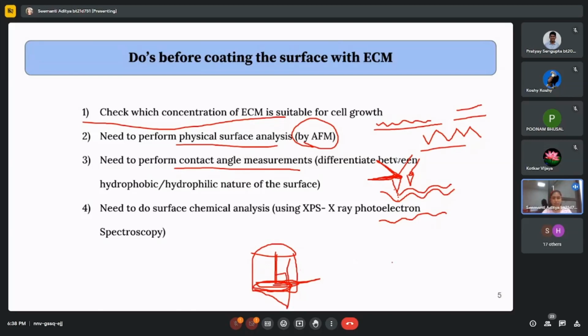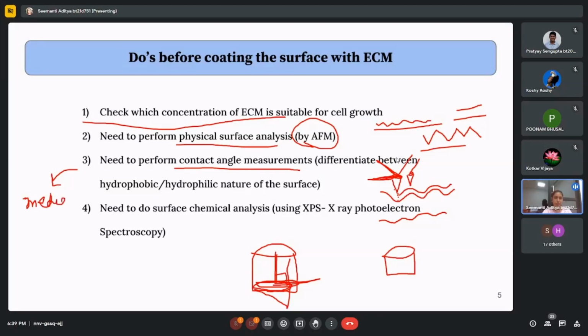If the matrix is properly spread, then the contact angle here means the angle of the media or the buffer, whatever we want to put on top of the ECM, media or buffer containing the cells.